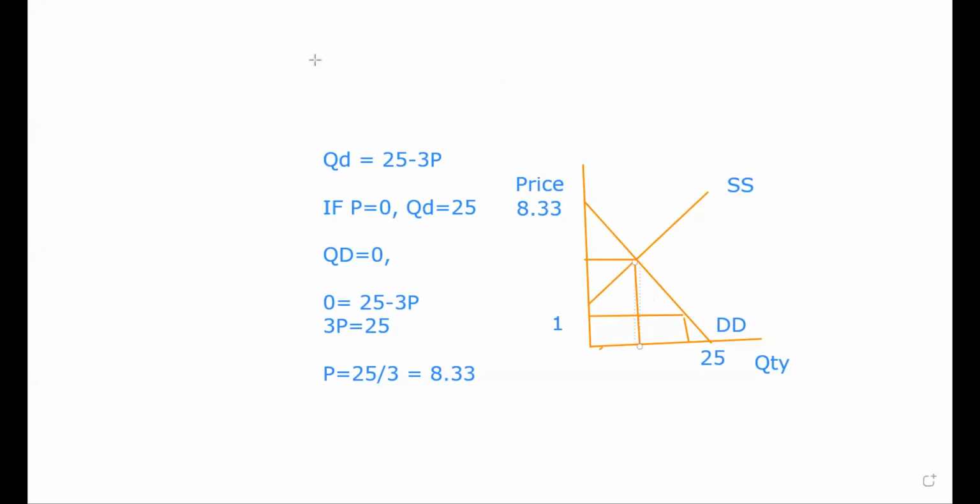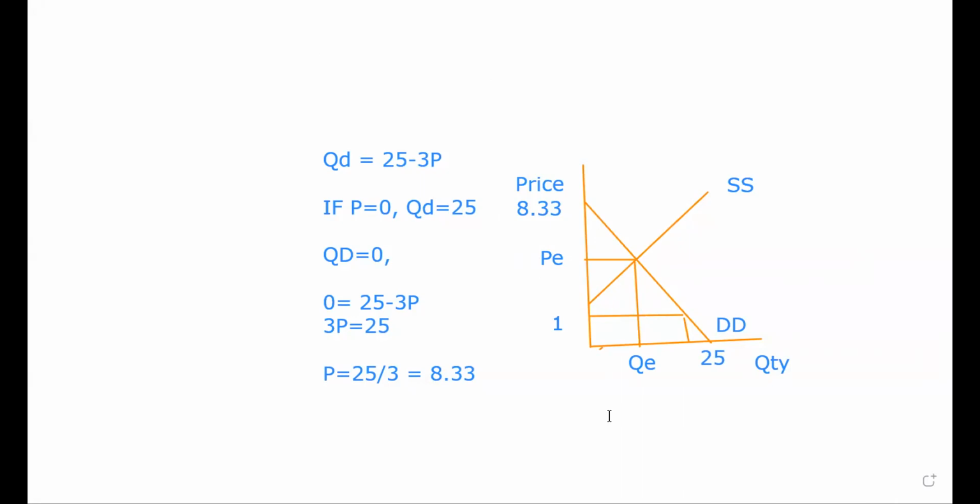Okay, so I can put a text here, P star or P equilibrium, and put another one here, Q equilibrium. Okay, so this will give you market demand intersecting with market supply.